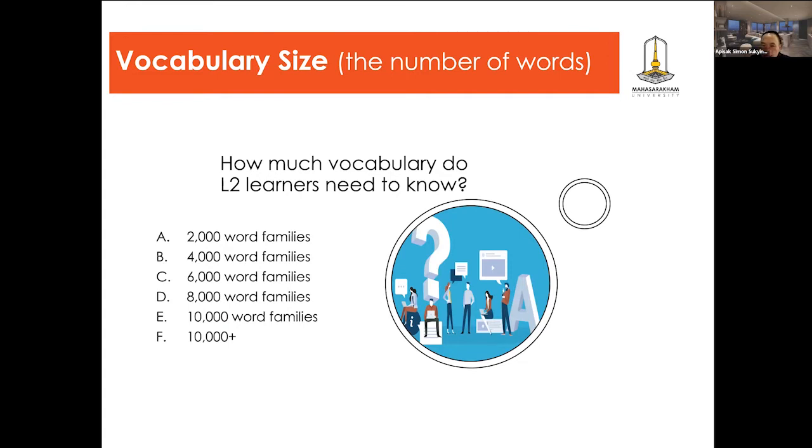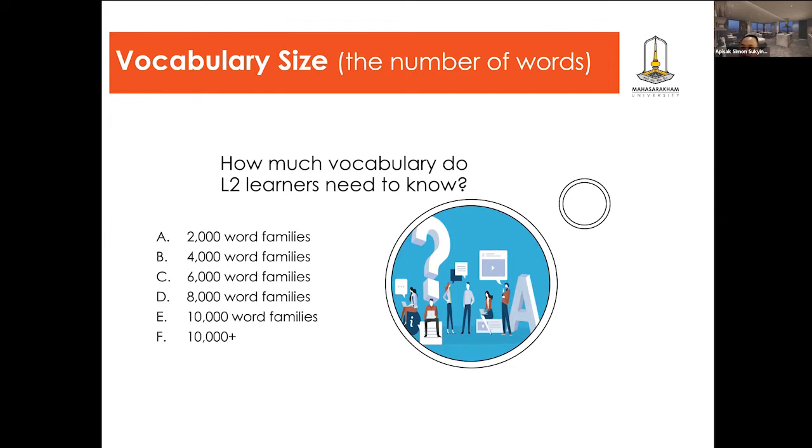In terms of vocabulary learning, we often hear the question, how much vocabulary do we need to know if we want to be able to use English in our daily life? If you need to answer this question, how many words do we need to know, in your thinking?